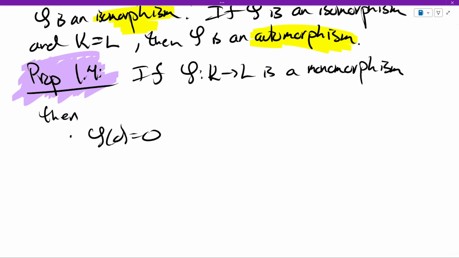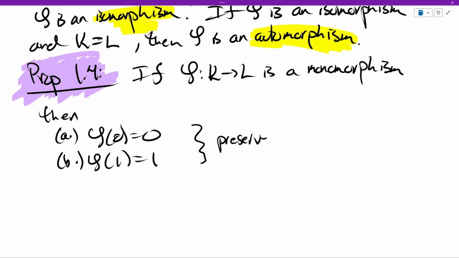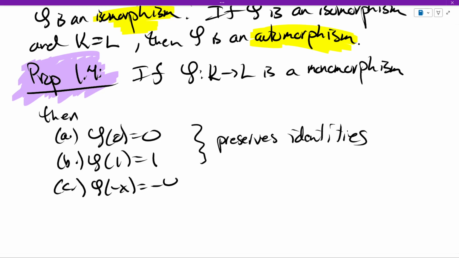Phi of 0 is 0. Let's call that A. So it preserves 0. Phi of 1 is 1. It preserves 1. So it preserves the identities, the additive and the multiplicative identities. Phi of negative x is negative phi of x.